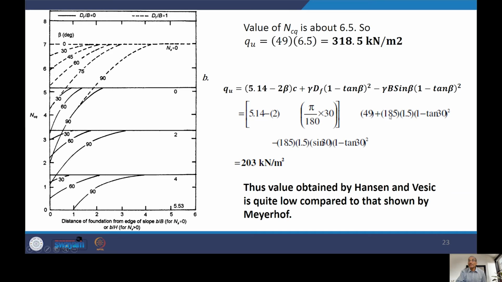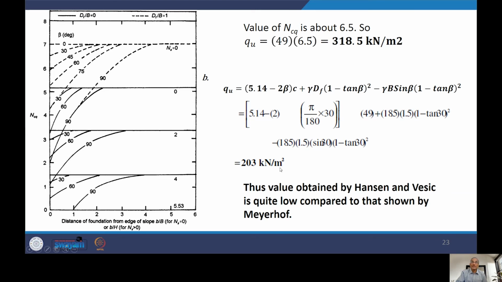Then plus gamma Df, where gamma is 18.5, Df is 1.5 meter, and beta is again 30 degree. Once you have this, you complete the second term. The last term is minus gamma B, B is 1.5, with sine beta, that is sine 30, and 1 minus tan beta, that is 1 minus tan 30, whole square. When you put in all the numbers and calculate, you find the ultimate bearing capacity in this case is 203 kilonewton per meter square.